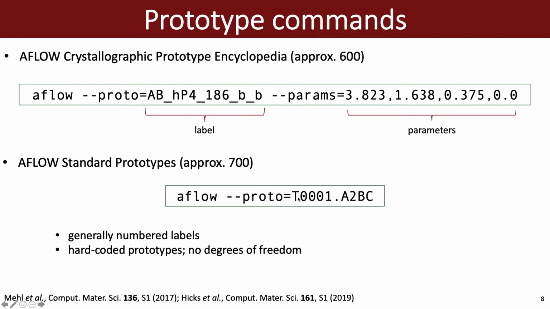T stands for ternary, and then some number, so this was the first in our ternary scheme. You can generate either one, but you need to be careful about whether or not you need parameters. Just as a reminder, if it has this underscore type label, then in general, you'll need parameters.